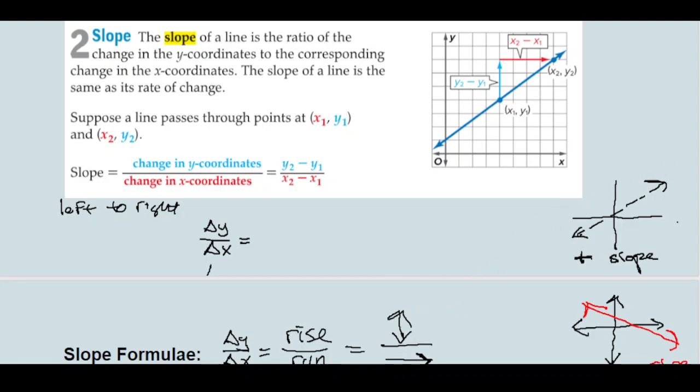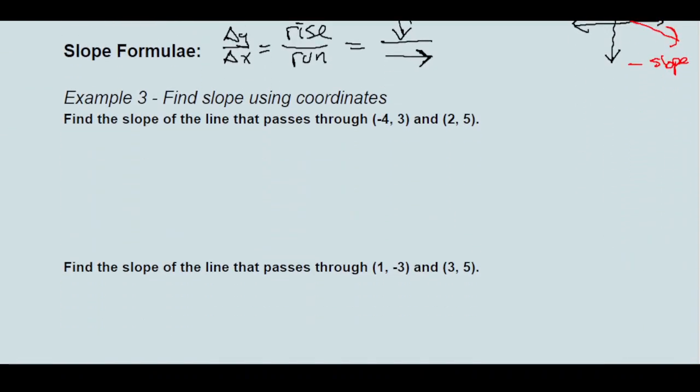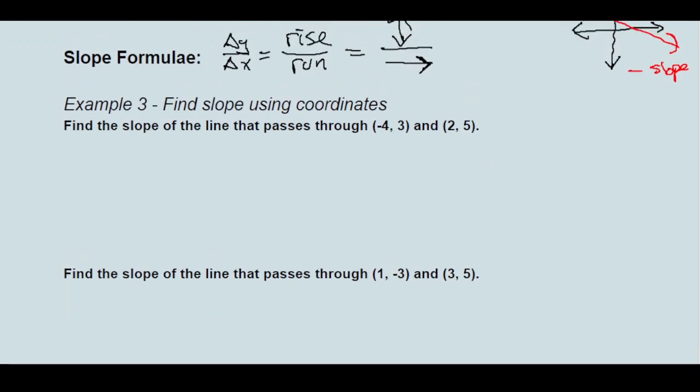And so now let's try a few of these problems. It says find the slope of the line that passes through these two points. They gave us that formula up top, and I'm going to write it down again: y2 minus y1 over x2 minus x1. It just means how much is it changing going from one point's y coordinate to the other's, versus what's happening with the x coordinates. The big thing to remember is that whatever y coordinate you start with, you have to start with that corresponding x coordinate.